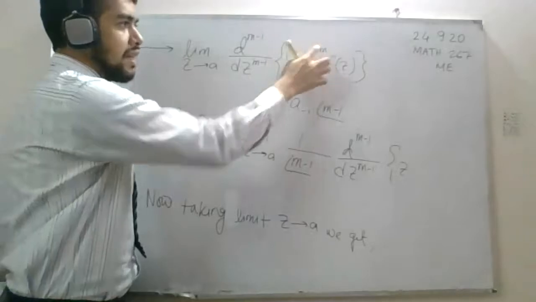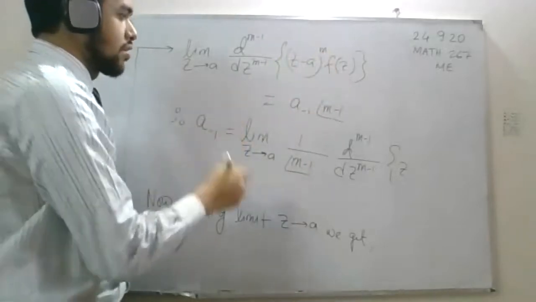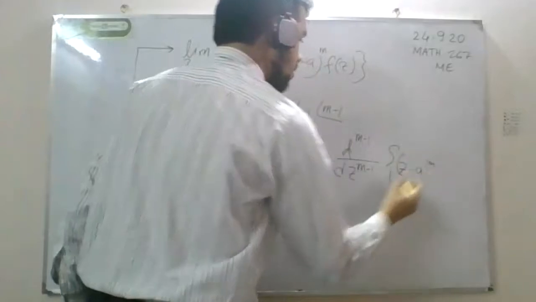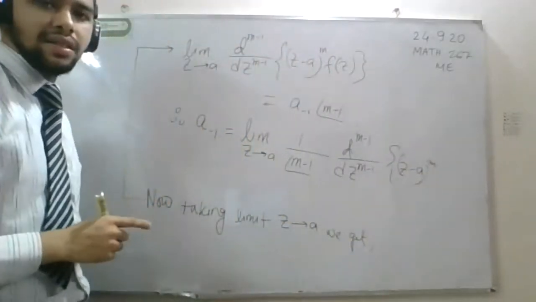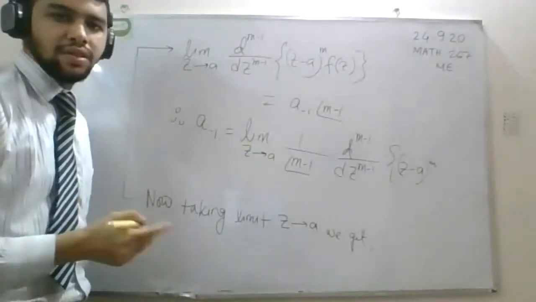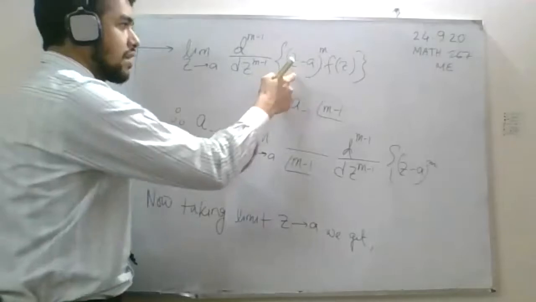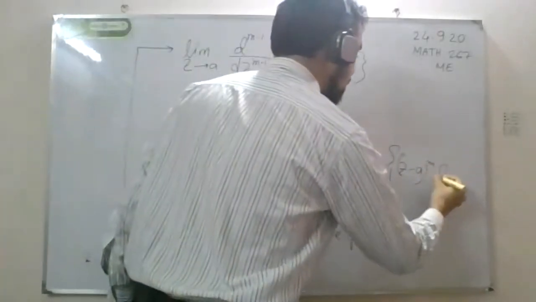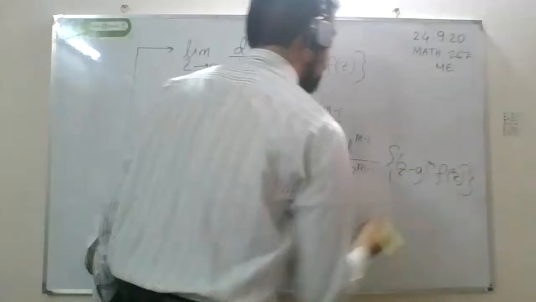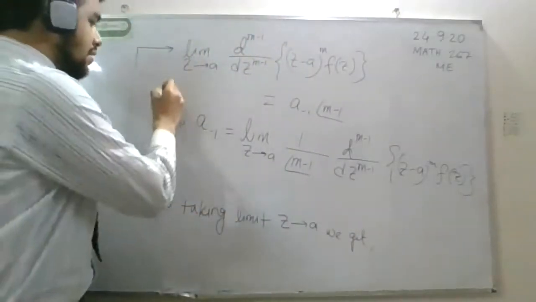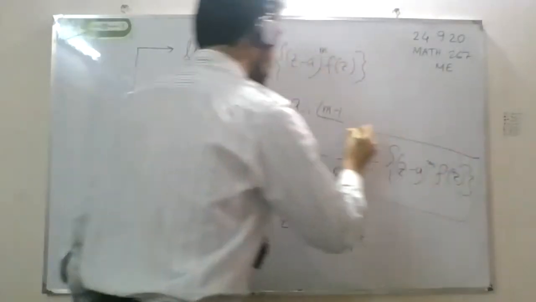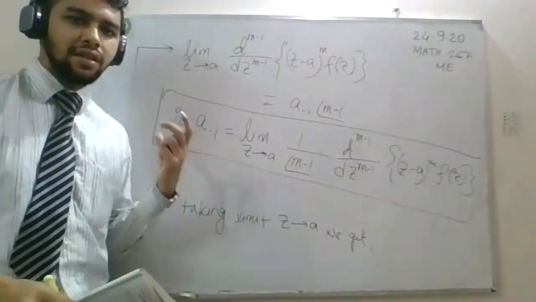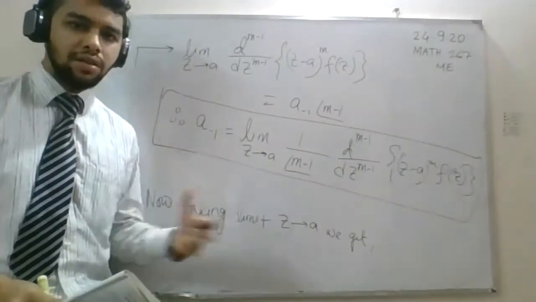Here it will be n, not m. So here z minus a to the power n, because we multiply z minus a to the power n on both sides of equation 1. So here obviously z minus a to the power n will occur. So this is the residue of a complex function if we have a double pole or above.